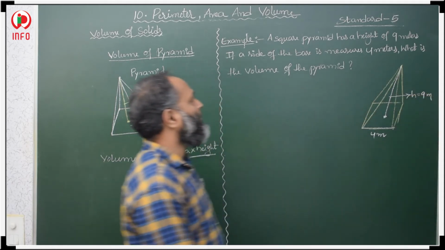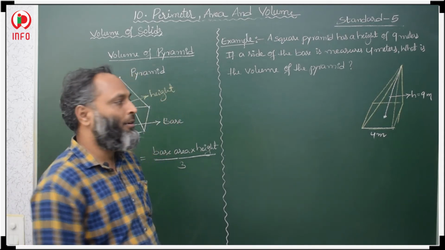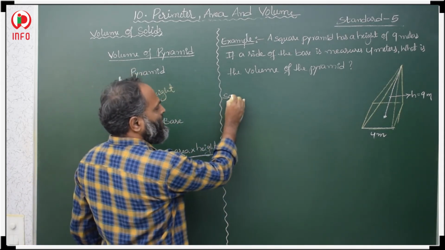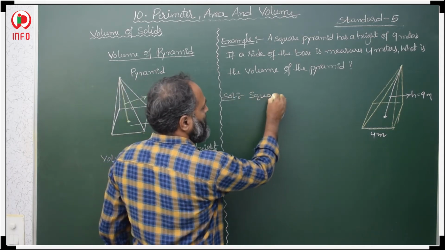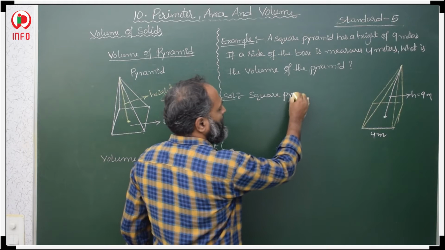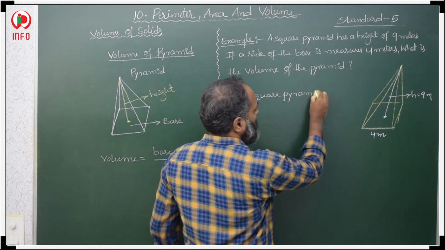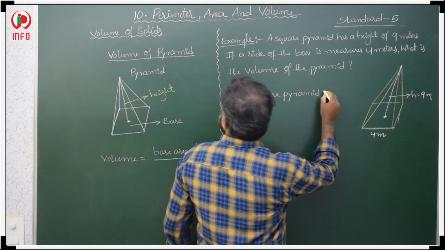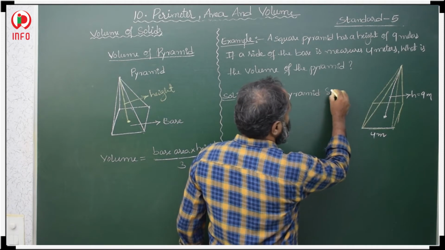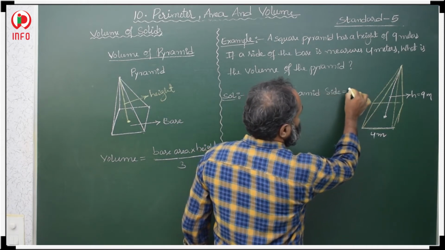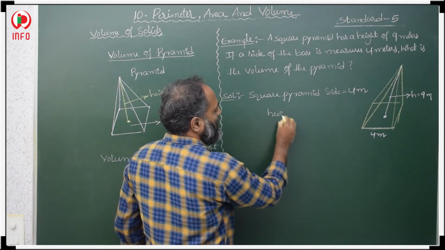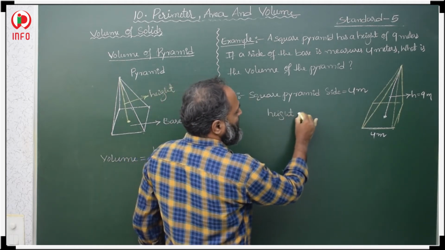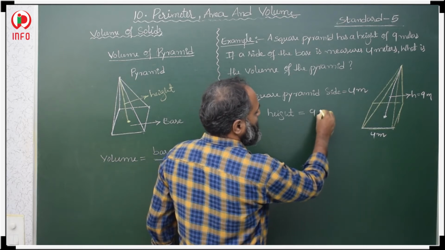Then what is the volume? So here square pyramid side is equal to 4 meters. Height is equal to 9 meters.